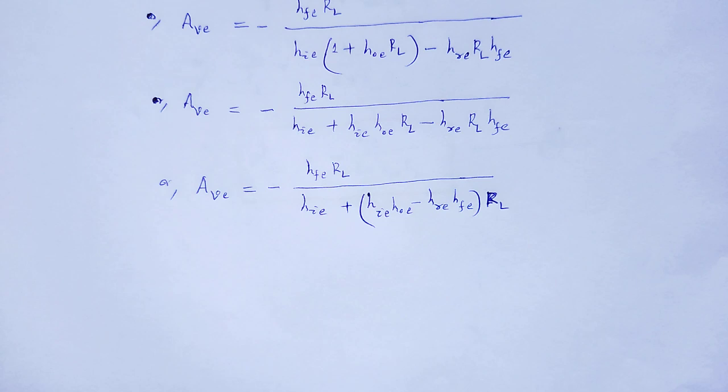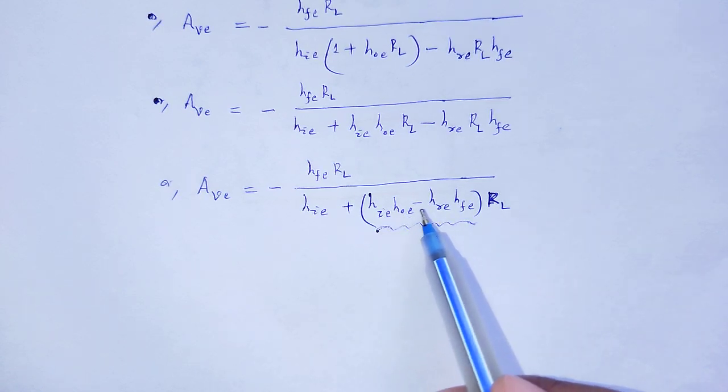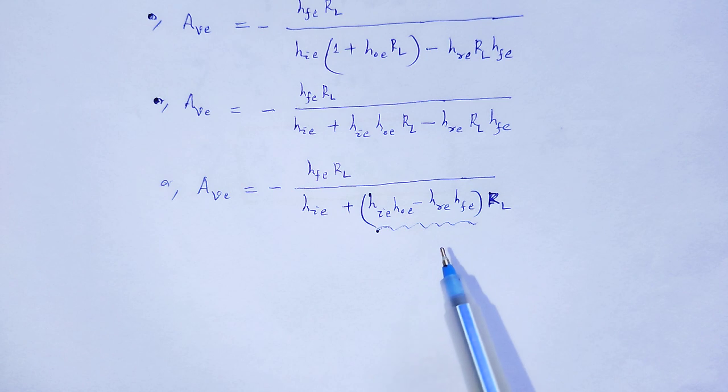Here we substitute a term, del H, in place of HIE HOE minus HRE HFE.